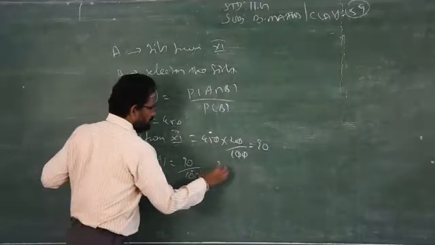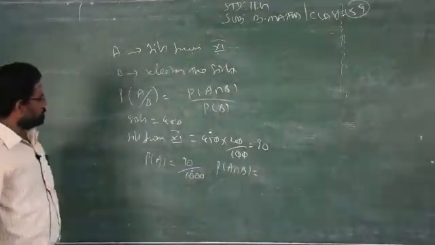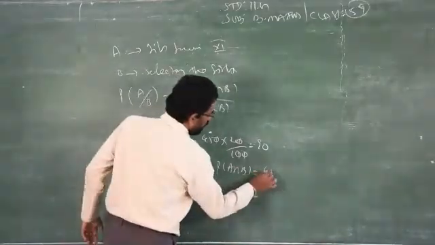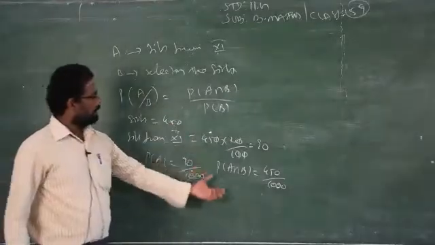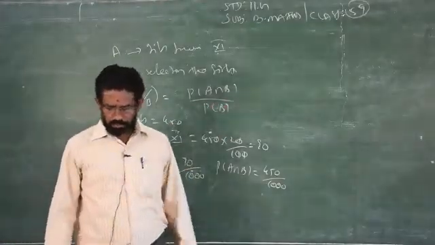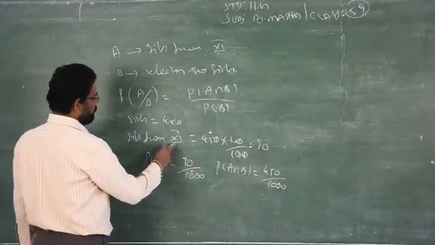Clear? Then what is the intersection A intersection B? Both combined will be how much? 90 by 100000. So now you can apply this information in the given formula.